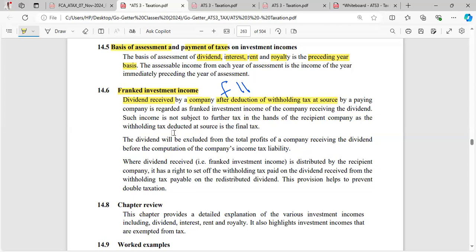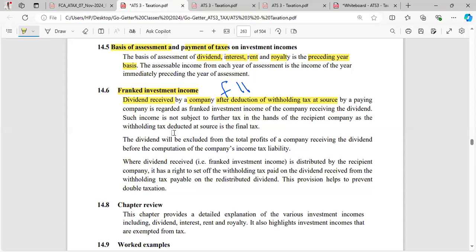Let's say FCA is giving out dividends. Go Getter is a shareholder of FCA, and so FCA is paying dividends to Go Getter. Go Getter received dividends from FCA. FCA will deduct withholding tax before paying Go Getter. The withholding tax is 10%.